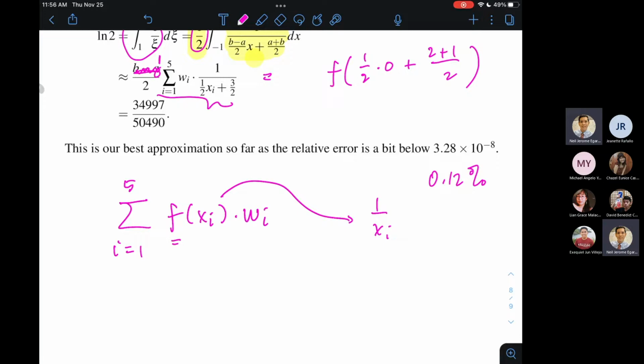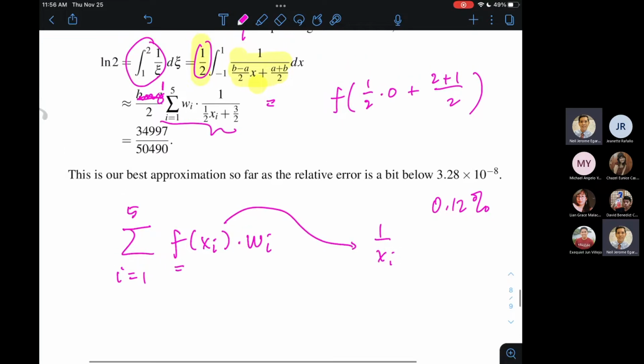Ang kaibahan nitong Gaussian, yung x's ay pinili natin specifically to be the roots of the Legendre polynomial. Kaya lang, yung integral na ina-approach natin ay integral from 1 to 2, yung roots ni Legendre ay nasa interval negative 1 to 1.